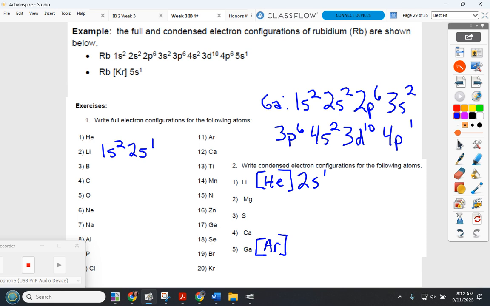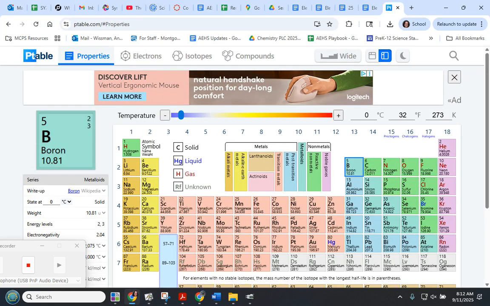Okay? So if we're looking, we can sort of know where argon is. When you've been doing this for a while, you'll be able to kind of read through these and have a good idea even without looking at the table. But you're probably not there yet, and that is totally fine. You don't need to be. So argon is here. This is period 3 in the p block at the end, so this would be 3p6, right?